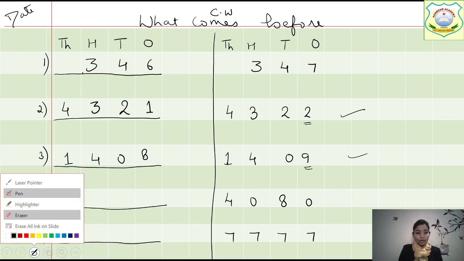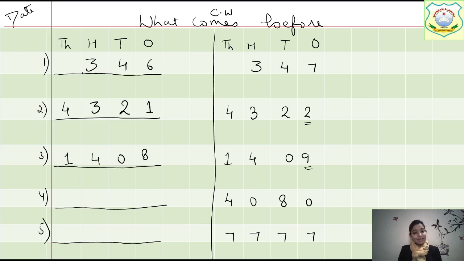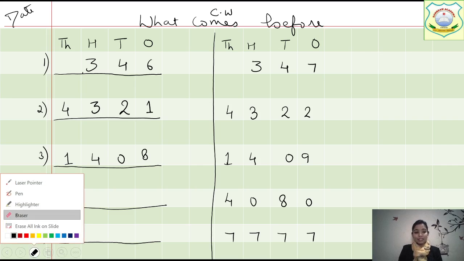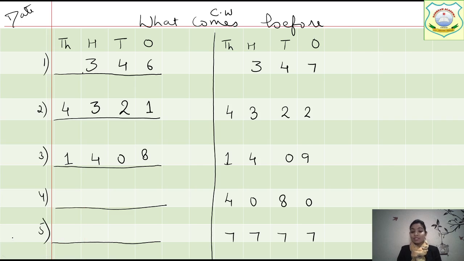Okay, now let's do the next question, that is 4080, right? 4080. Now here the ones place is 0, and if we need to subtract 1, what do we have to do? 4080 minus 1. So now यहाँ पे 0 है, 0 के लिए हमें क्या करना होगा, borrow. So it will be 7, this will be 10. 10 minus 1, 9.